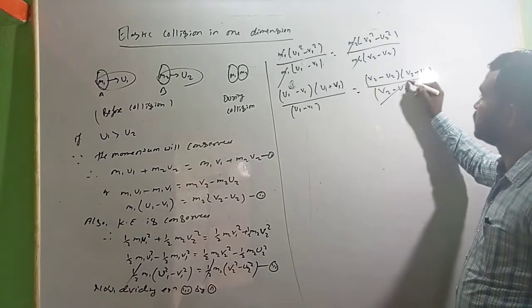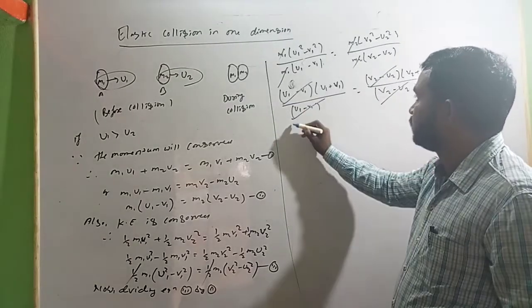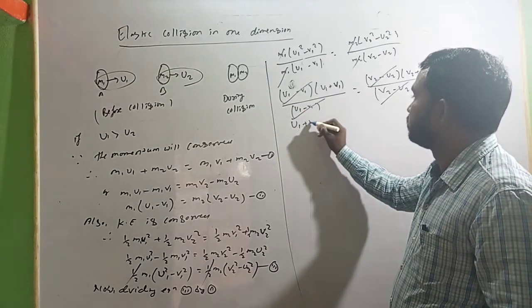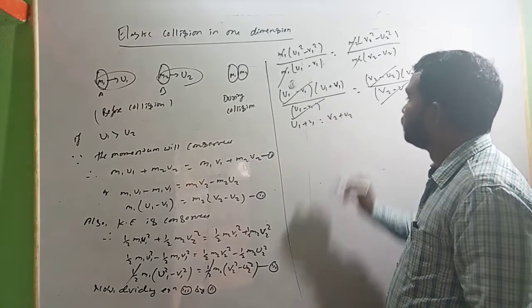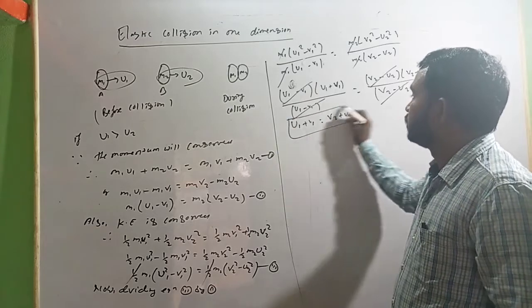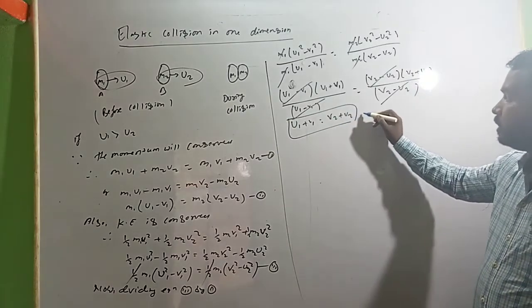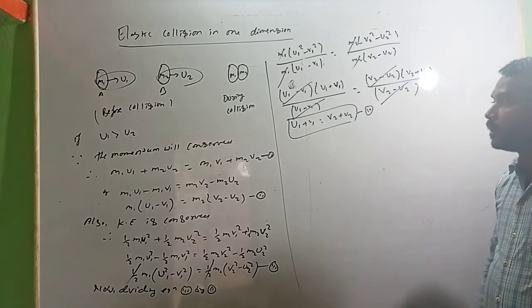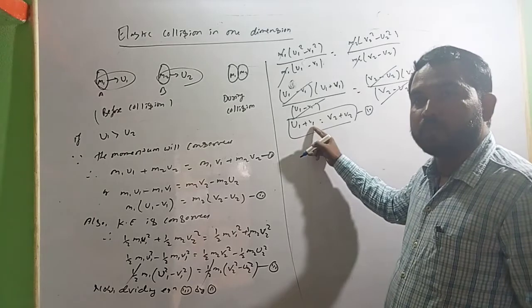Now these terms cancel out. Finally you have u1 plus v1 equal to v2 plus u2. Okay, this is equation 4.